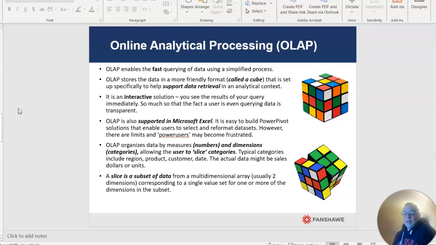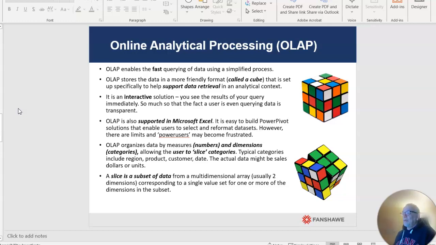Categories could be sales data that we want to view by region, right? By different region. Like in Canada, we might want to separate Ontario from the other provinces because Ontario is the largest province and might have a lot of sales.